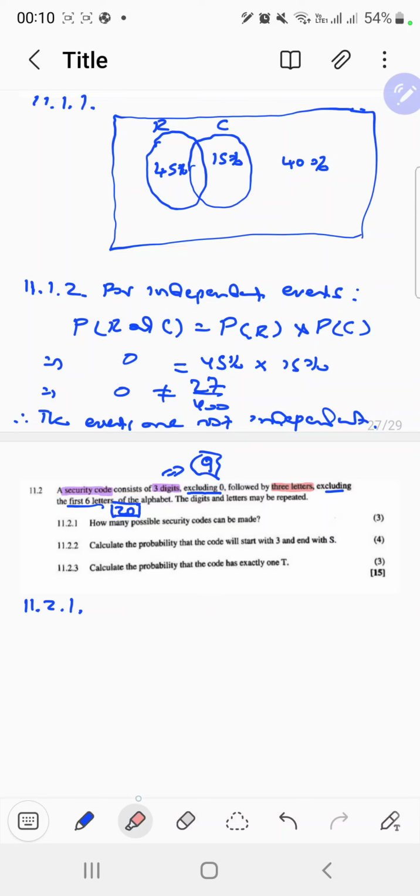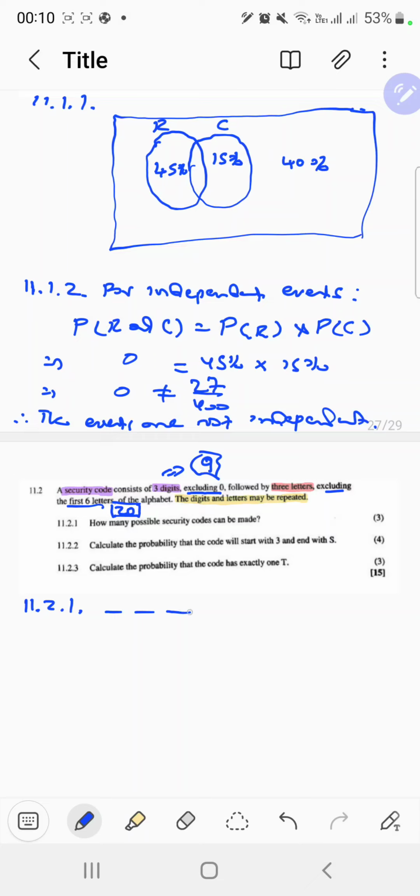Now here's the big one. We are told that the digits and the letters may be repeated. Fine. Now it says how many possible security codes can we make?